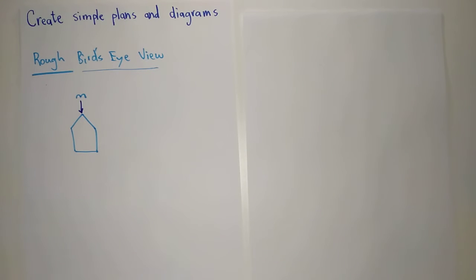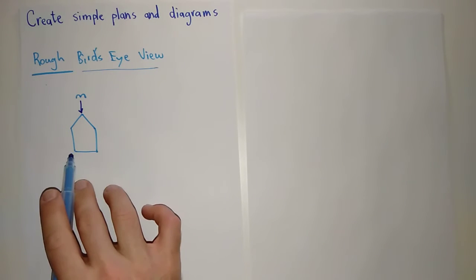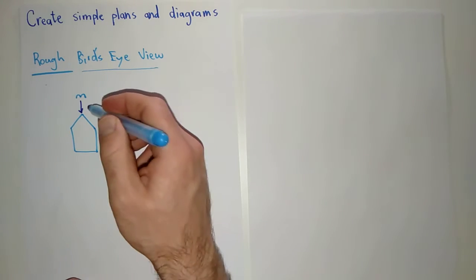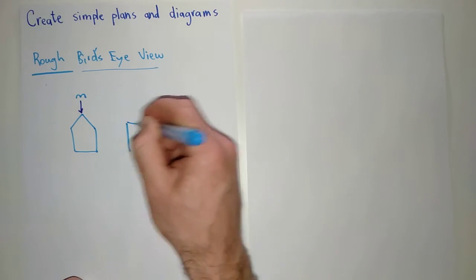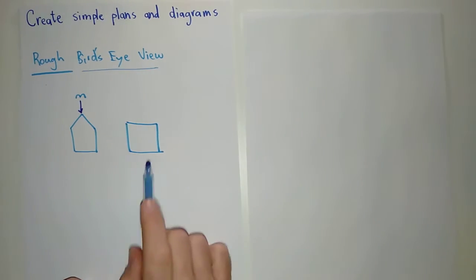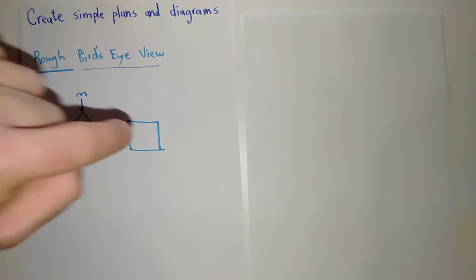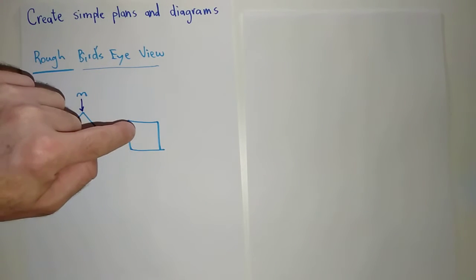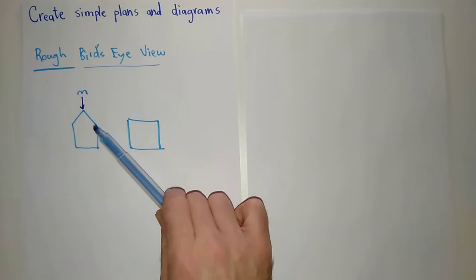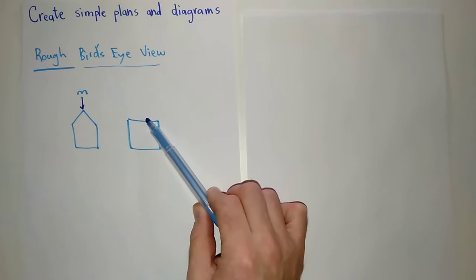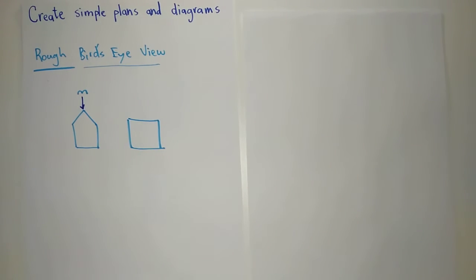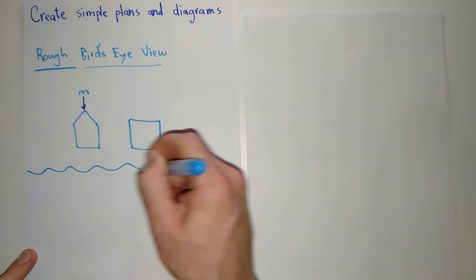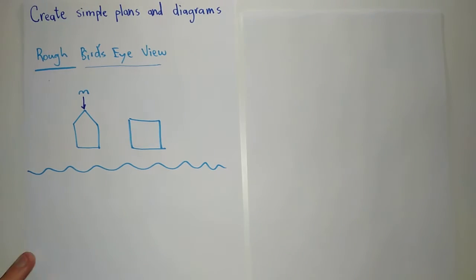What the bird would see is maybe something like this, where they're looking down into the house and they're able to sort of see the floor. This would be the whole floor of the house, and there might be some things in it. Okay, so that's where the name bird's eye view comes from.